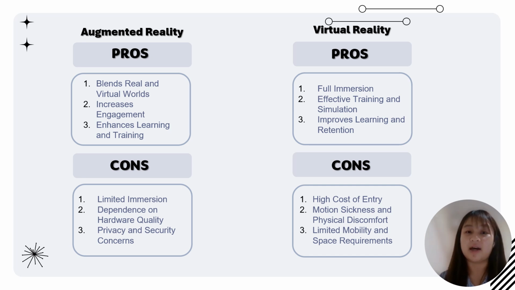Thirdly is enhanced learning and training. AR can be used in education and training by providing hands-on interactive learning environments, improving the retention of information. An example is AR assisting technicians in industrial settings by overlaying repair guides directly onto the equipment.